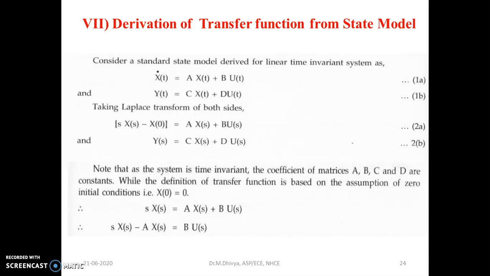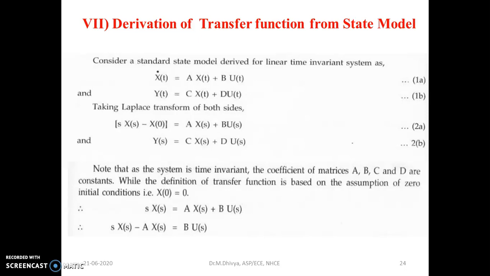As the system is time invariant, the coefficient matrices A, B, C and D are constants. While the definition of transfer function is based on the assumption of zero initial conditions, x of 0 is equal to 0.